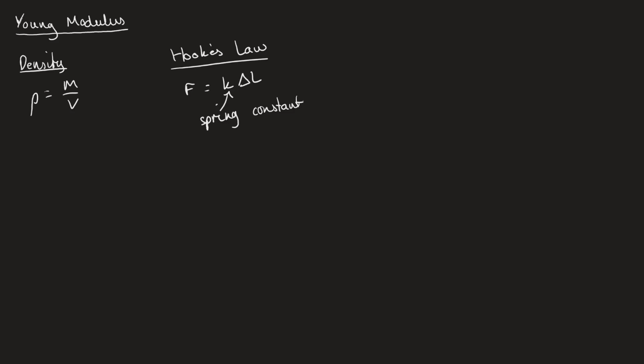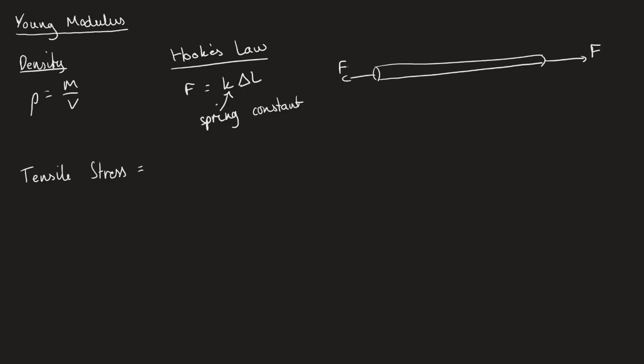But we first need to define a few terms. So let's first define what is tensile stress. Now, as I pull a piece of wire, so we're going to think of Young modulus in the form of ductile wires for the most part, as I pull along this cylindrical wire, I'm applying some force in either direction or both directions at the same time.